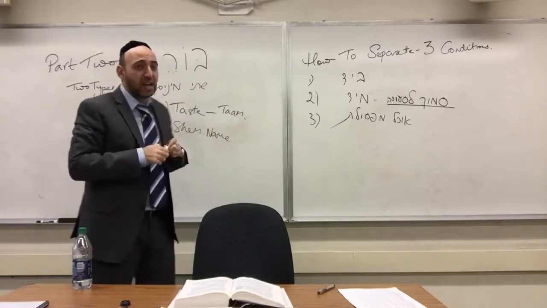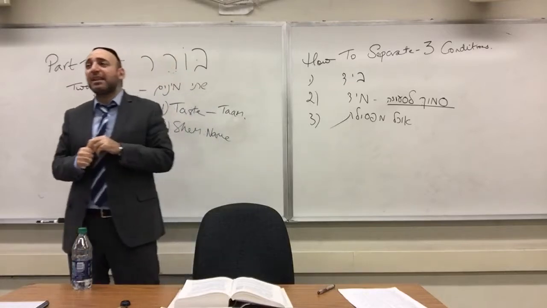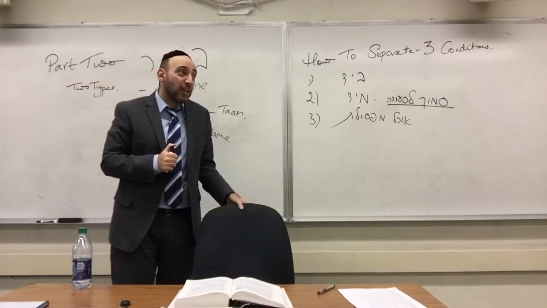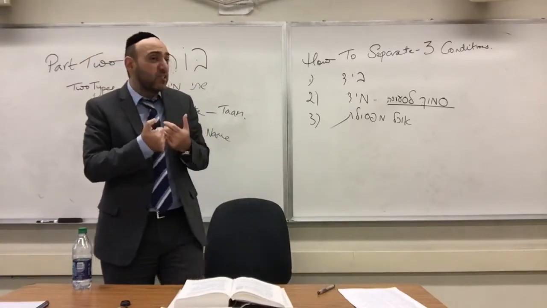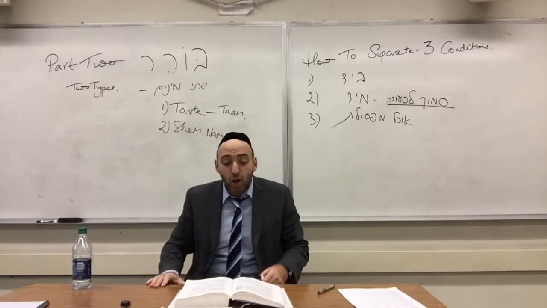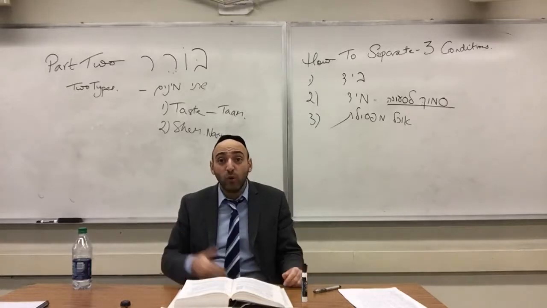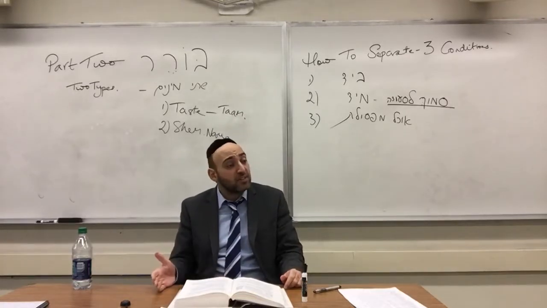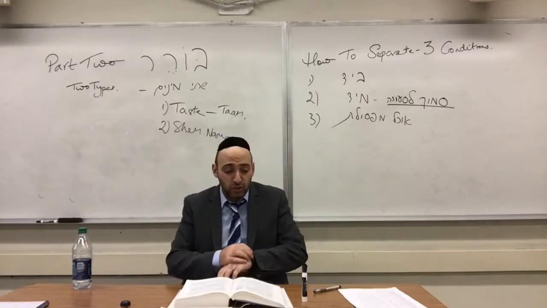Tam and shame, taste and name. Many things you may think are the same, but actually have a different taste. Many things are called different things and are sold differently, even though you may think they're the same as well, and that categorizes them as two things.